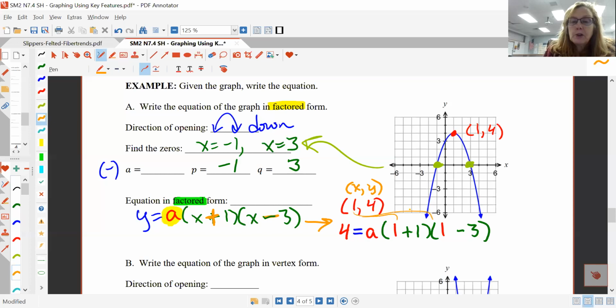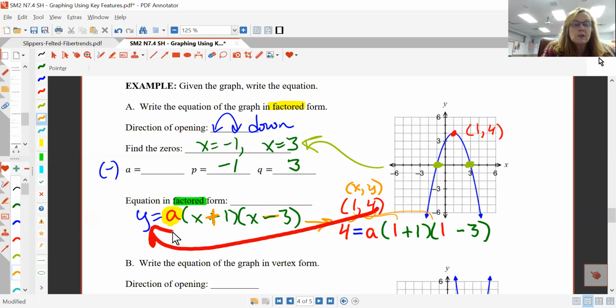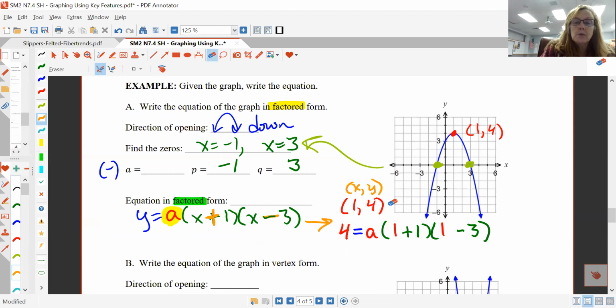The first number goes second and the second number goes first because of how we set it up. X is what we put in, and then this is your answer. When you're setting it up as an equation, your answer is out in front. So just be careful how you're putting it in. Take a second, make sure your X's and your Y's are in the correct places. Once I have this, I just need to evaluate it.